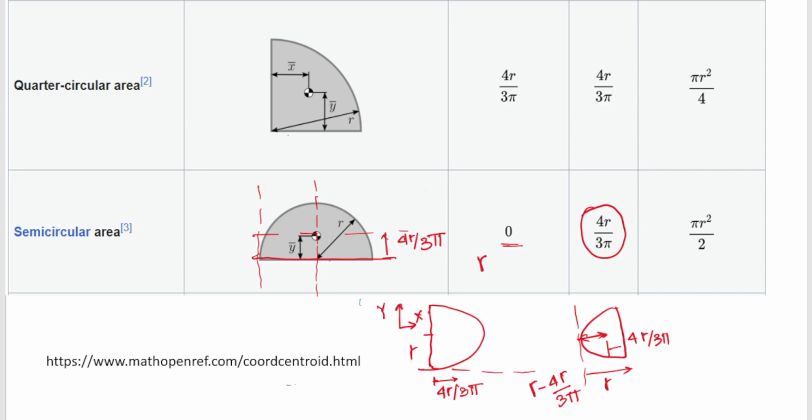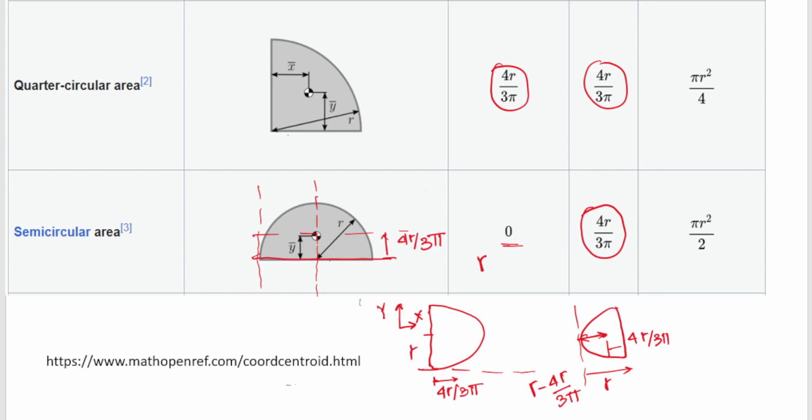And once you have understood this, remember, for a quarter circle, both the x bar and y bar values are 4r by 3 pi. I have taken this image from the Wikipedia Centroid section, and thanks to them for providing this wonderful image.